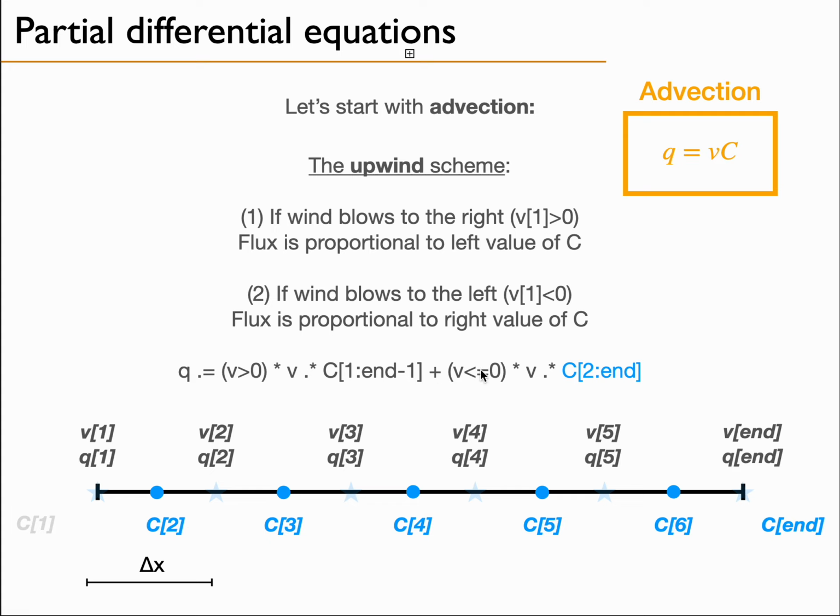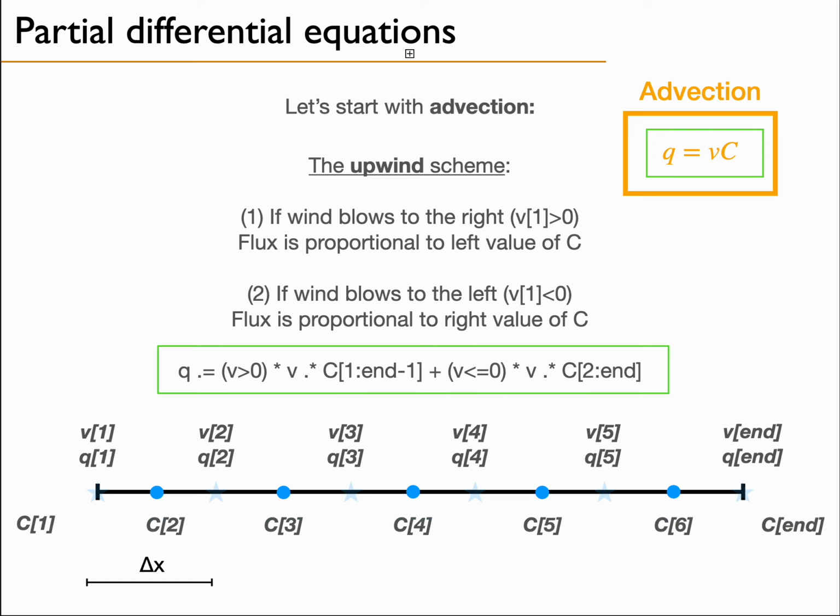This is c of index 2 to position end, c2 to end, for all nodes where the velocity is actually negative. So with this, we combine an expression which has a condition inside. If v is positive, q is v times c1 to n minus 1, plus, in cases where v is smaller than 0, the flux is v times c2 to n. With this, you can treat the advection flux. It's called an upwind scheme.